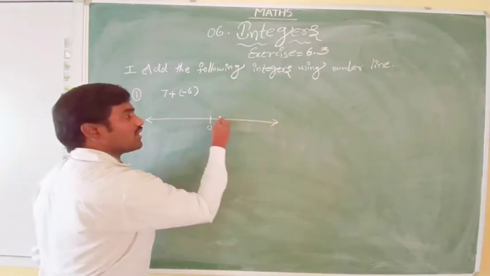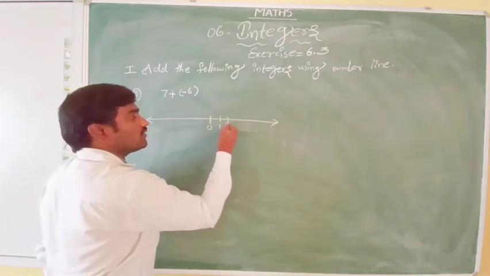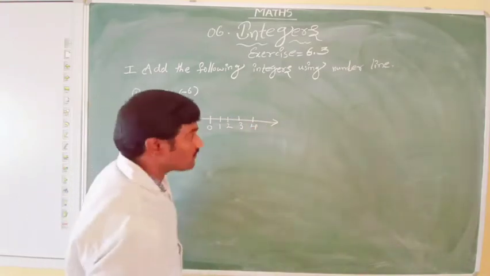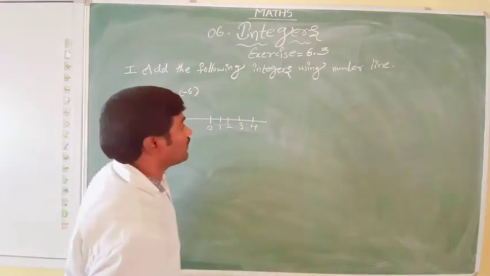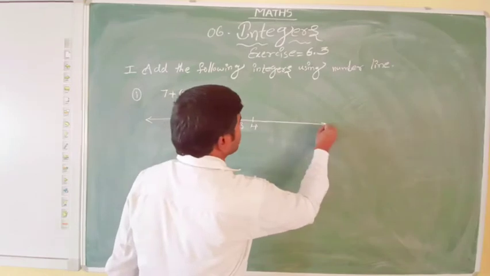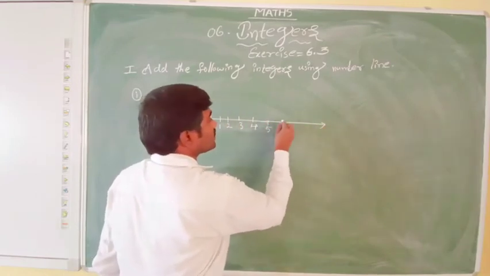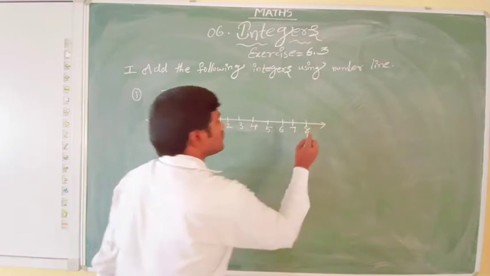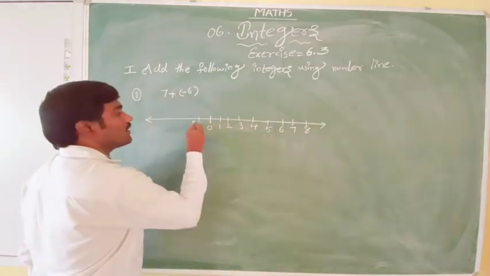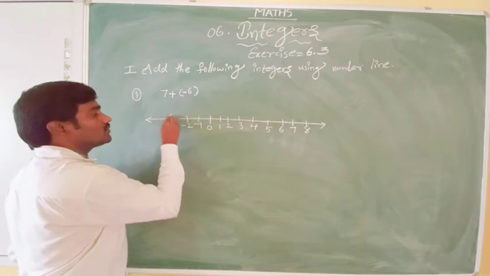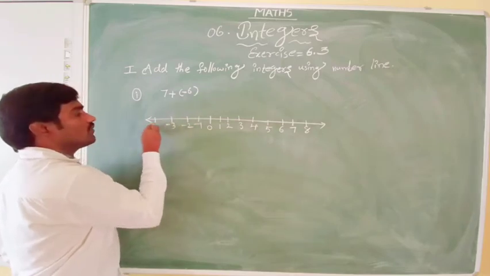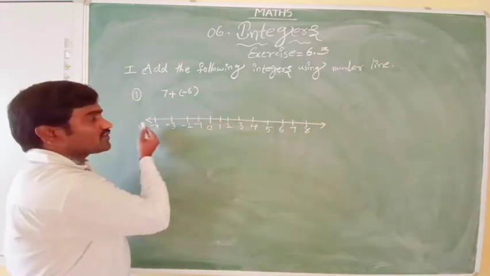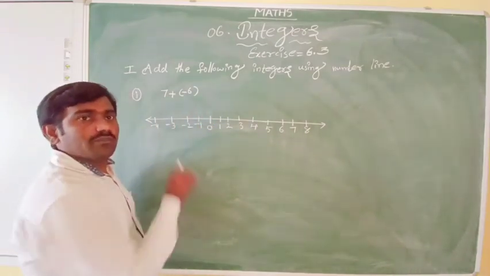Right side of the 0 we always take the positive numbers: 1, 2, 3, 4, 5, 6, 7, 8. It is enough. Now on this side, minus 1, minus 2, minus 3, minus 4. So the right side of 0 has positive numbers, and the left side of 0 has negative numbers.